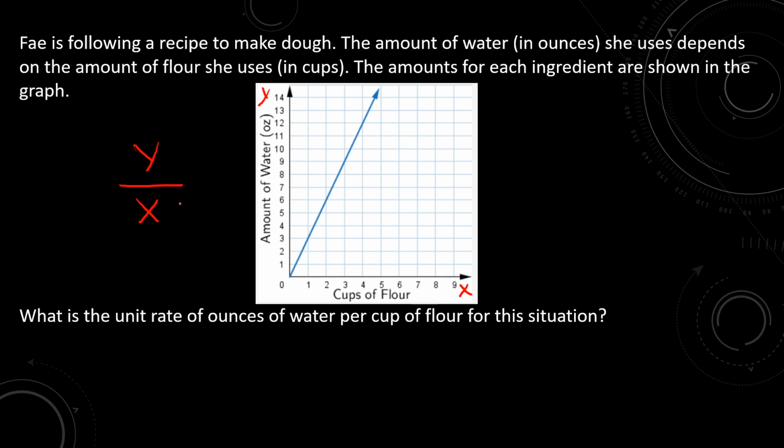So if I'm looking to have a 1 in the denominator, I'm looking where 1 is x, and I'm going to follow this up till I touch my graph, which is right here, and follow this point back, which tells me 3. So that means that my y value is 3 and my x value is 1, which means that the unit rate for this graph is going to be 3 over 1, or 3.